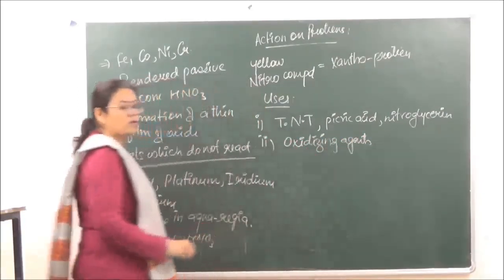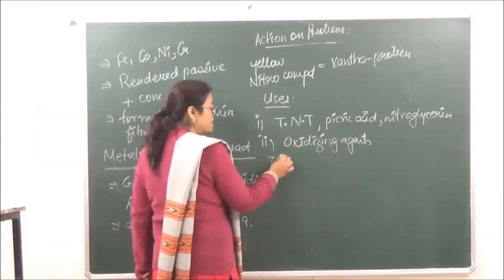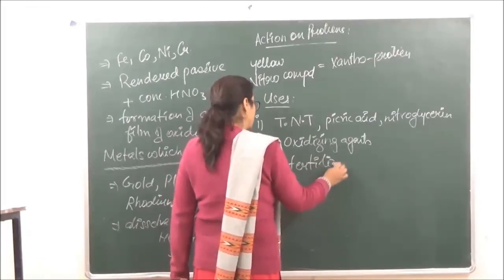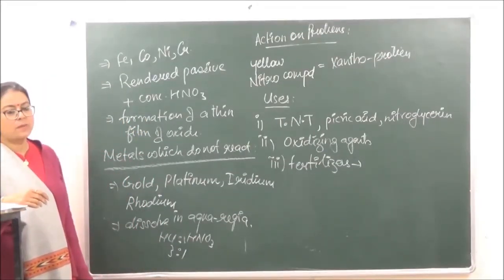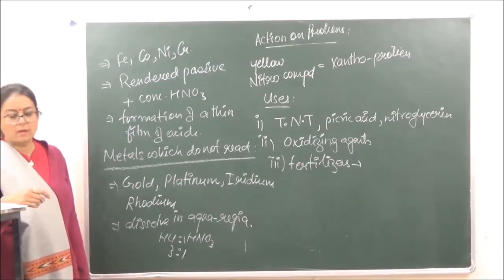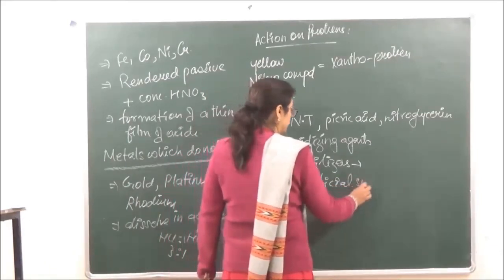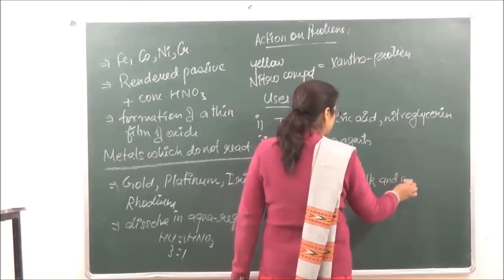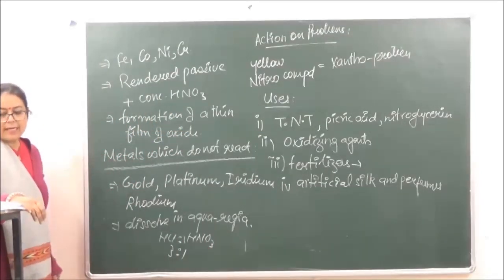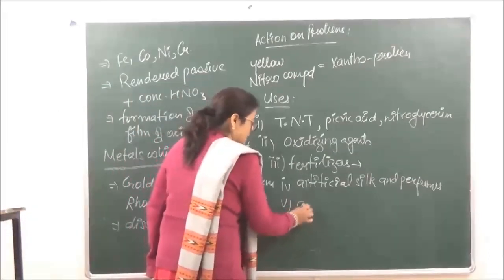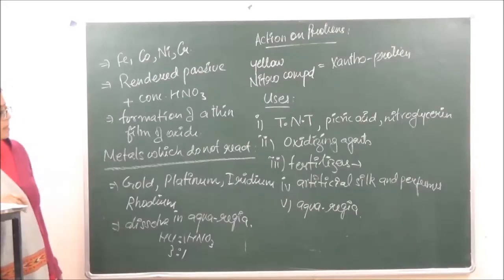Number 3, it is used in the manufacture of many fertilizers like ammonium nitrate, calcium nitrate, etc. It is also used in the manufacture of artificial silk and perfumes, right? And it is used to prepare aqua regia.